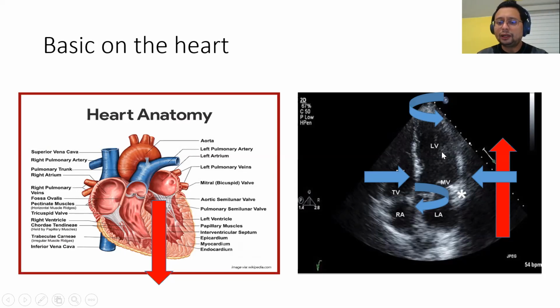When you look at this echo here, one of the things that I wanted you to remember and to realize is that the left ventricle and right ventricle share the same interventricular septum. So they share this wall, the interventricular septum. Okay. Therefore, anything that happens in the left ventricle can affect the right ventricle, because some of the way the right ventricle contracts is by pulling forward of the wall of the right ventricle when the interventricular septum contracts.